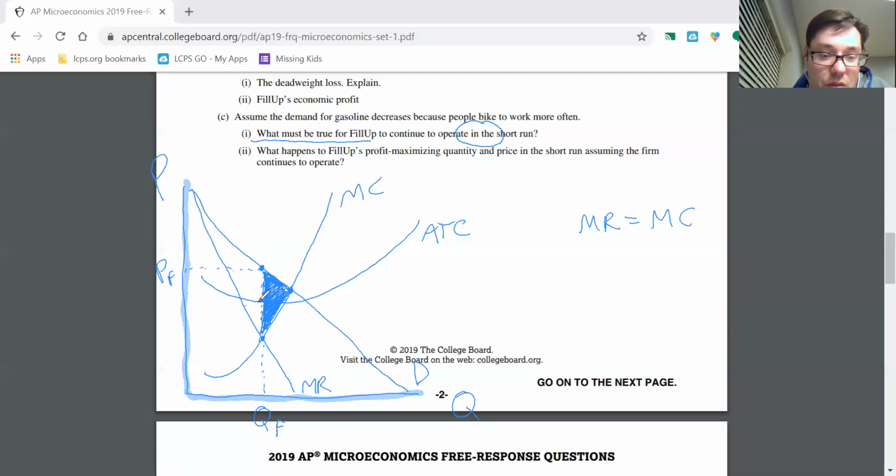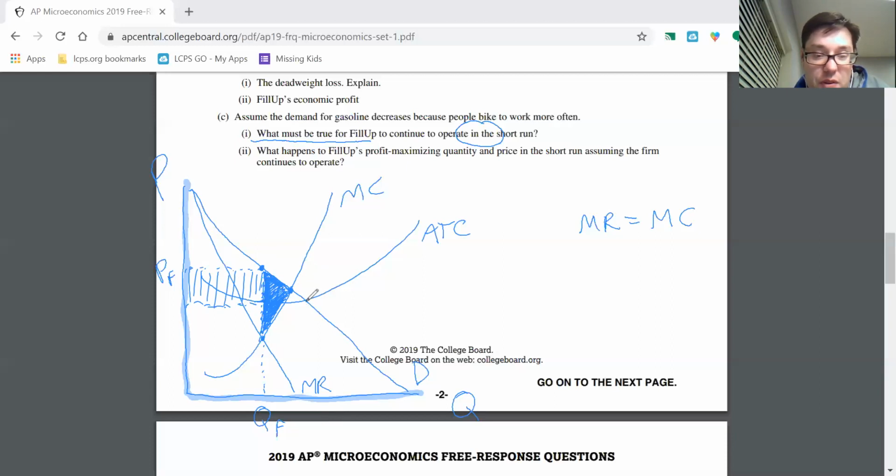We don't need to put this in this question, but the initial profit box is represented right here. So this question in part 4 is asking to denote the quantity at which this firm is making zero economic profits. So we're moving the quantity out. We know, as quantity increases, this profit box is going to get smaller and smaller.